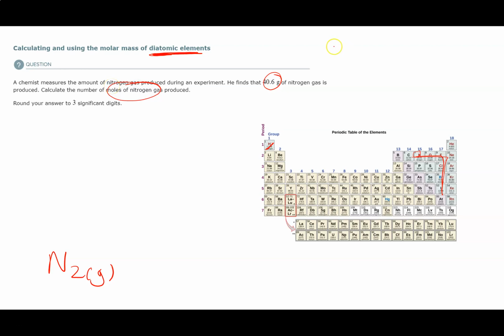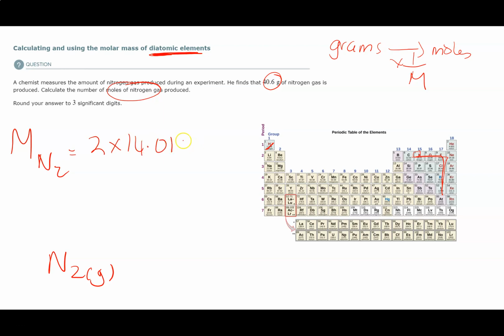And so we know that to go from grams to moles, we got to multiply by 1 on the molar mass. So the molar mass of N2 is 2 times 14.01 gives me 28.02 grams for every 1 mole.